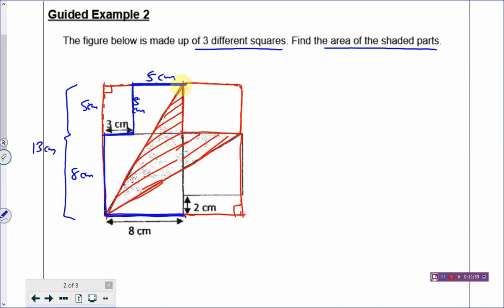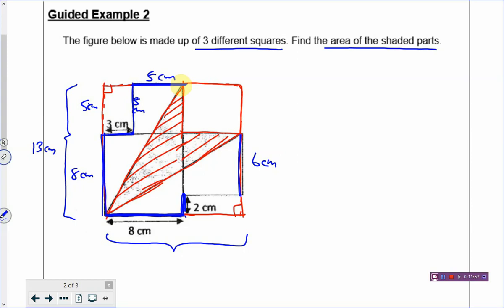Got it? Now, let's find how long this side is. This is 8, and if you look carefully, this is 2. Now, 8 minus 2, you get 6, which is over here. Let me draw 6 over here. Can you see that?